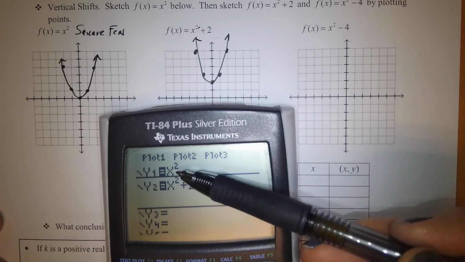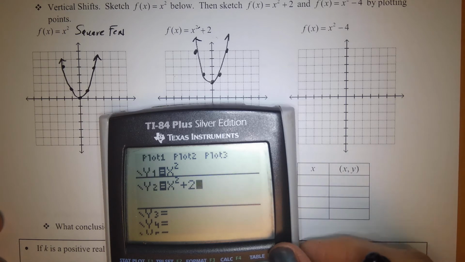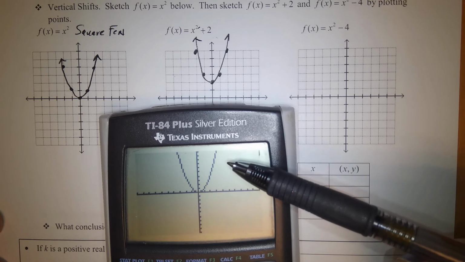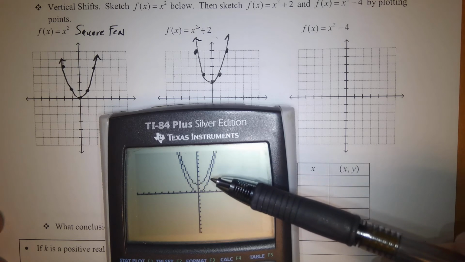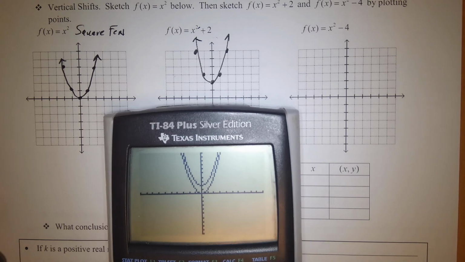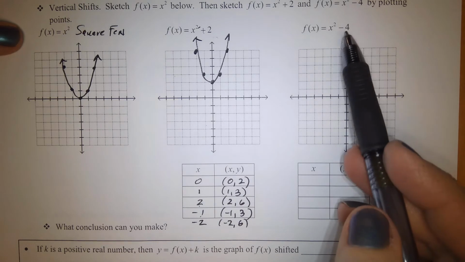It'll draw the original library function, the square function, first, and then the second graph with the 2 added. Here's the first one, x squared. Now here's the second one, which is x squared plus 2. So you can see what's happening as we add the 2. Let's go ahead now and subtract 4 and see what happens.